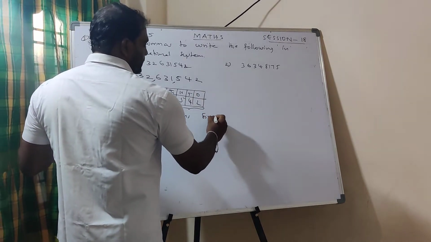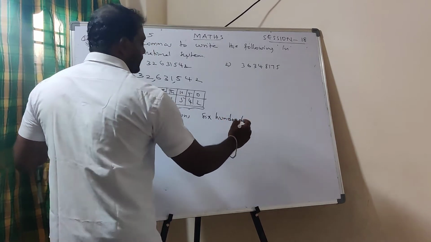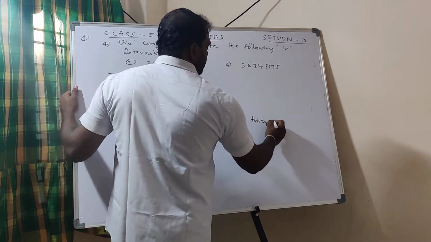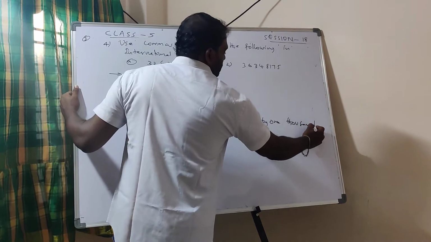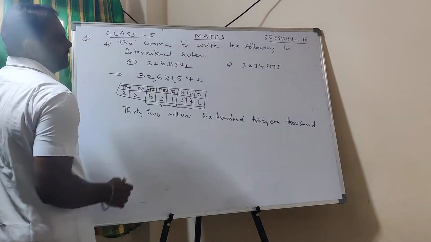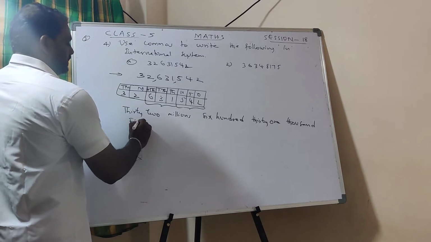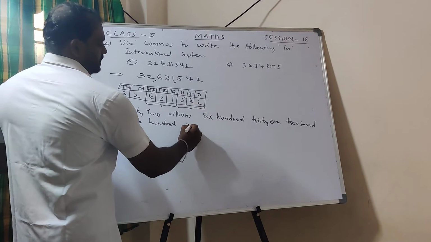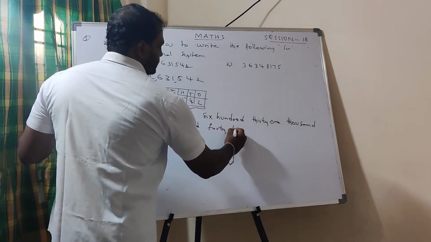So six hundred thirty-one thousand, 631,000, and 542. This is the answer.